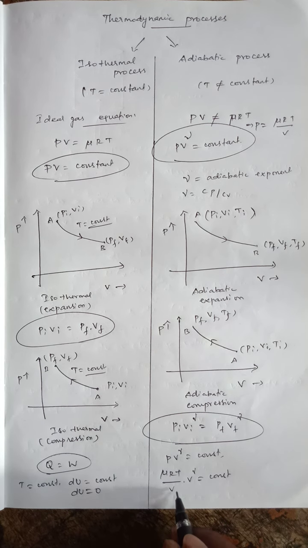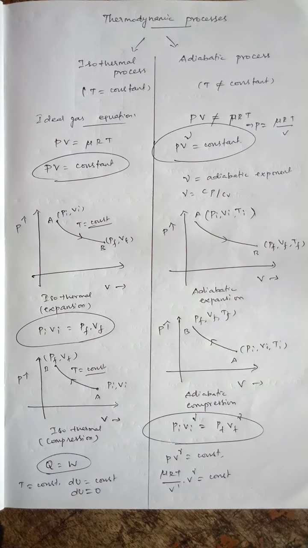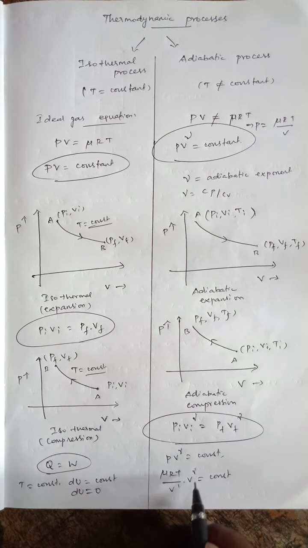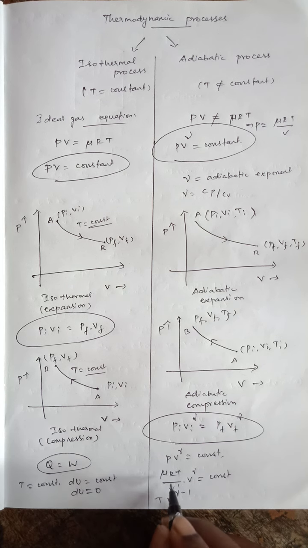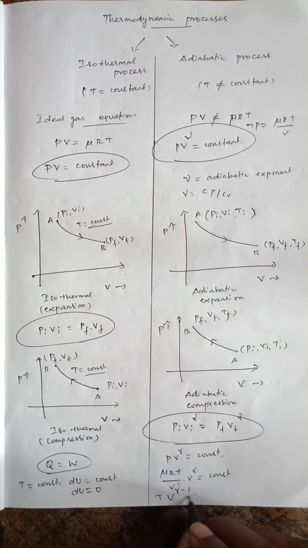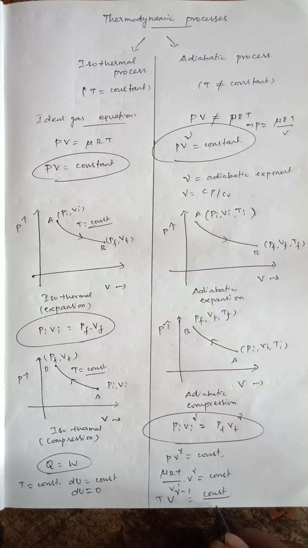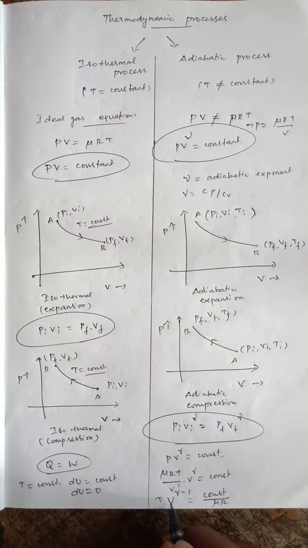Then V is to the power 1, which comes to the numerator as minus 1, so we write V to the power gamma minus 1. Put the T here, with mu R divided on the other side. So T V^(gamma minus 1) is equal to constant by mu R. For the initial state we put Ti Vi, for the final state Tf Vf.